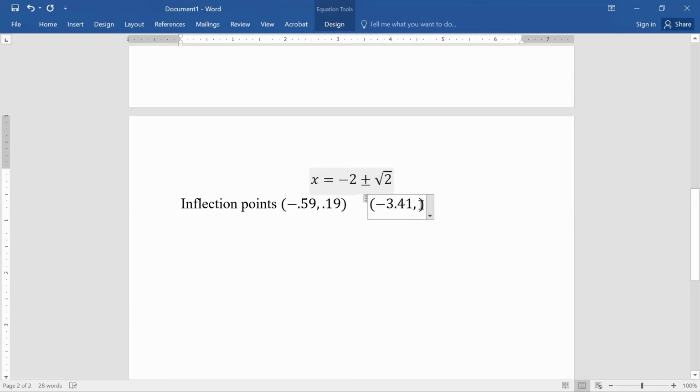When I do the same thing with -3.41, -3.41 squared multiplied times e to the -3.41, I end up with an output value of 0.38. Here are my 2 points of inflection.